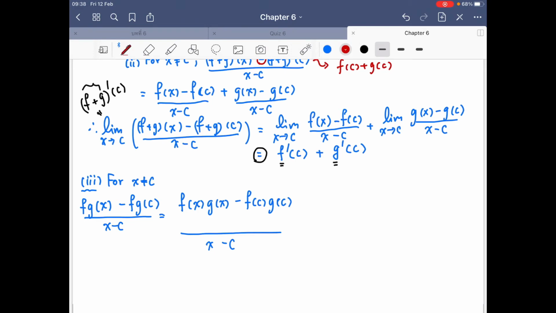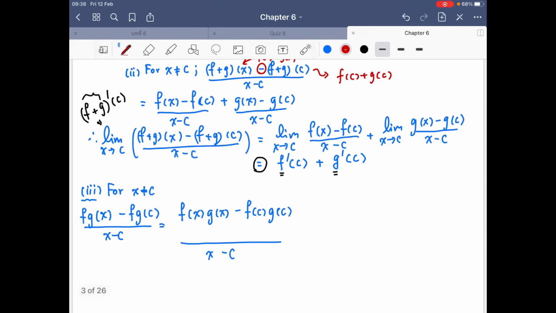However, what we are going to do is try to separate. For example, an addition you can immediately separate into two terms like that, so we are going to try to separate this into two terms as well.